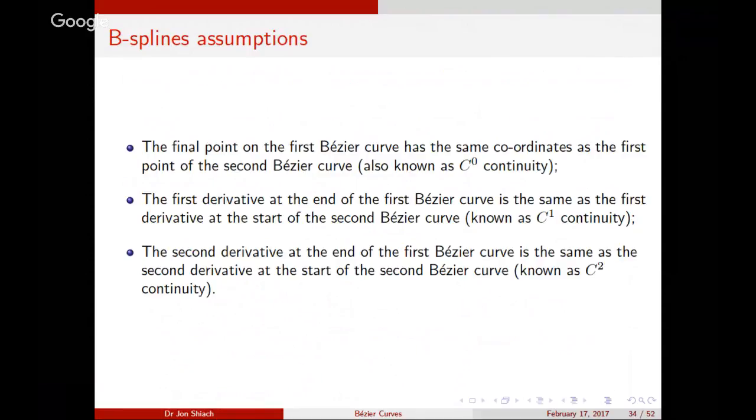That means there are no spikes or abrupt kinks in our curve; it flows smoothly on. This is known as C1 continuity. We also have the same for the second derivative, known as C2 continuity. Those are the assumptions in the derivation of B-splines.